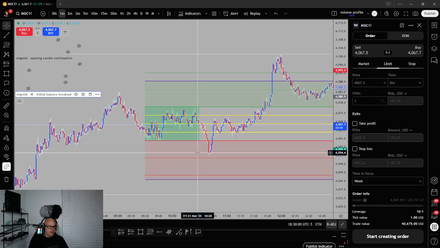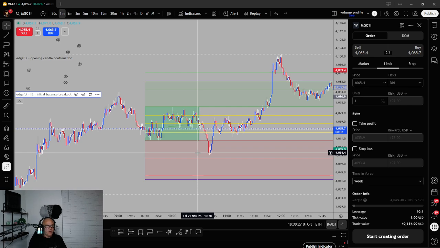Okay. So you have 2 options here. If it's showing strength, you can take it on the break. Okay. If it's not showing strength, then you could take it, wait and see if it comes back.